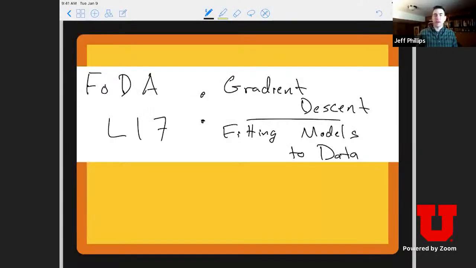So let's get started. Today's lecture is going to be the last part of gradient descent.